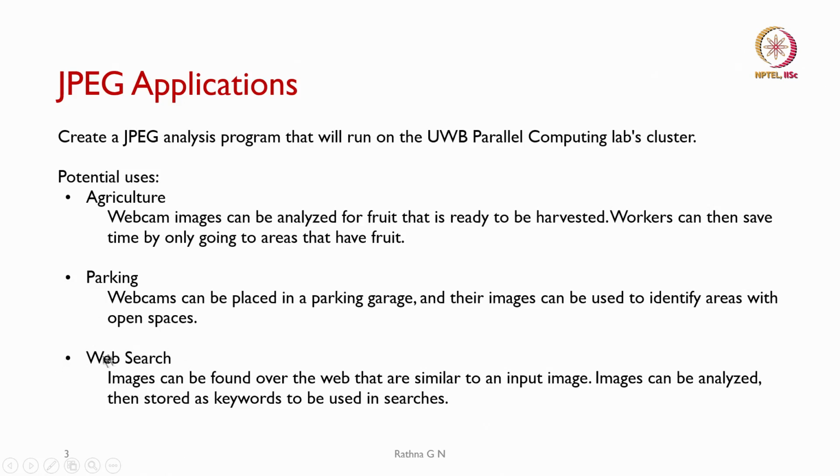The other one is in web search. Images can be found over the web that are similar to an input image, and images can be analyzed and then stored as keywords to be used in searches. We usually type text for web searching, but if you are interested in some part of an image that you liked, you can keep that as a reference and find out how many similar ones are available.